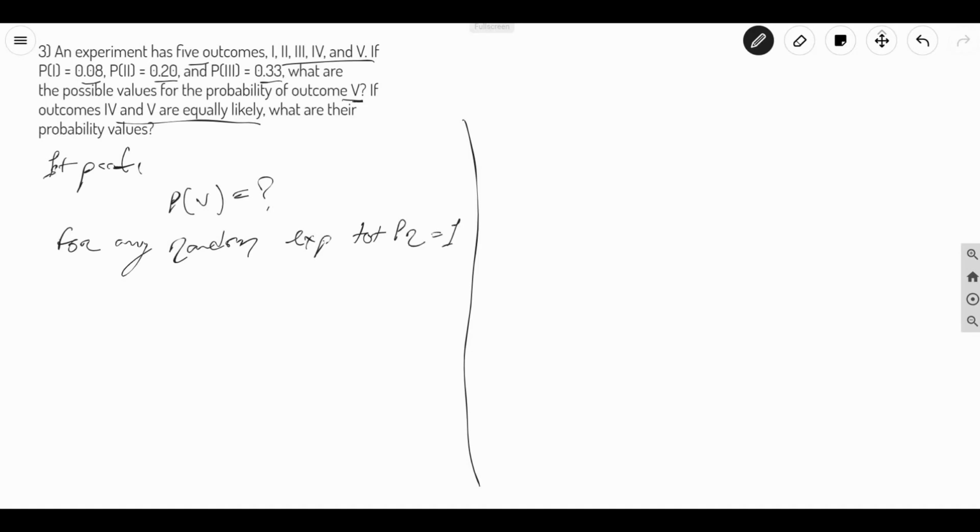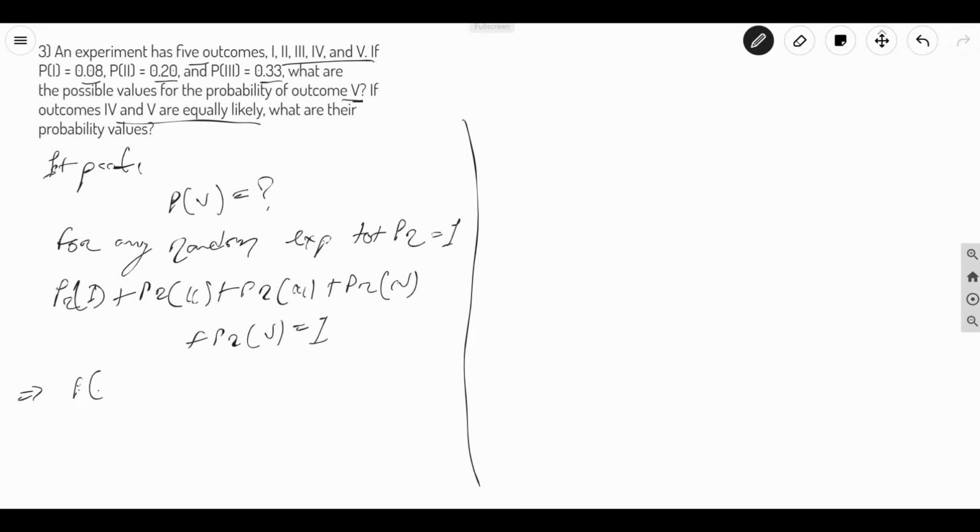So we can write here that probability of 1 plus probability of 2 plus probability of 3 plus probability of 4 plus probability of 5 will be equal to 1. Now we need to find probability of 5.